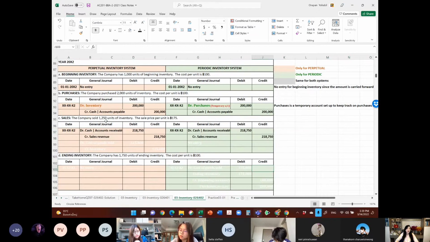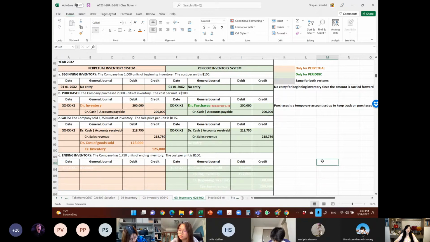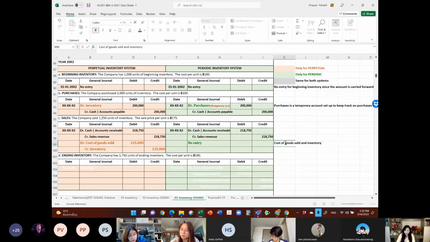And, under the perpetual system, you have to update the balance of the inventory. And also you have to record the cost of goods sold for every sale transaction. So what you need to do here is that you need to record also the cost of goods sold and the inventory. But for the periodic, you will not record anything, because the cost of goods sold and the inventory updates will be recorded at period end.